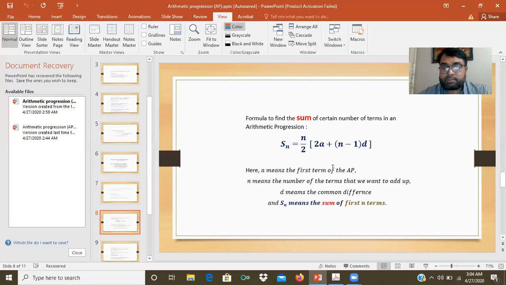Actually, what is this formula for? In an arithmetic progression, when you have some numbers in the series and you want the totality, the summation of a certain number of terms, you can use this formula.